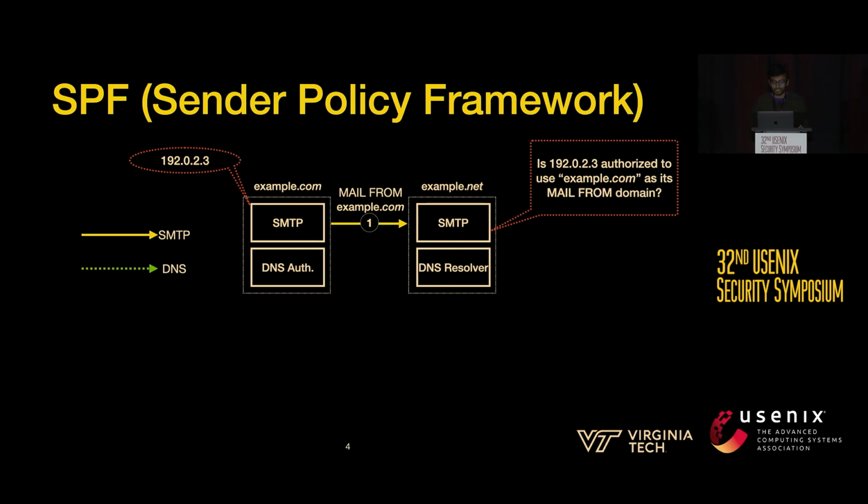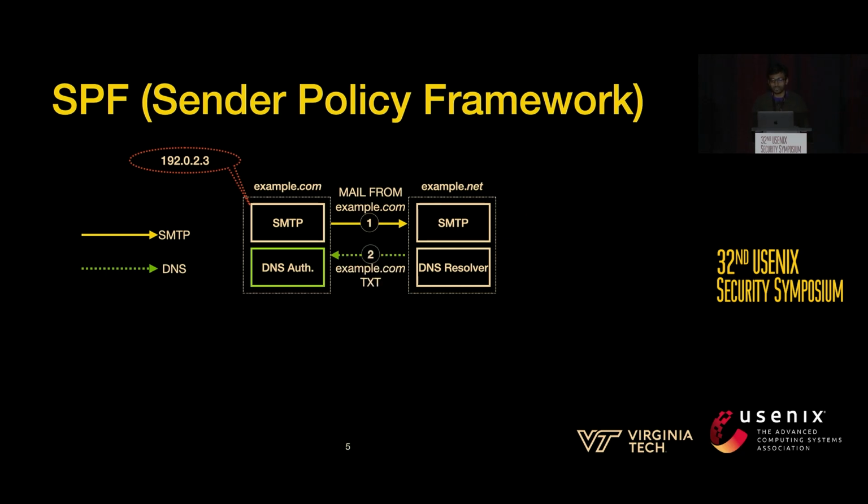So example.com sends an email to example.net, and example.net looks up the TXT record of example.com over DNS and may find a value something like this. This is called the SPF record, and as you can see, the CIDR IP range that is allowed means that this particular IP 192.0.2.3 is actually allowed to send email using example.com as its mail from domain. So this is one form of authentication.